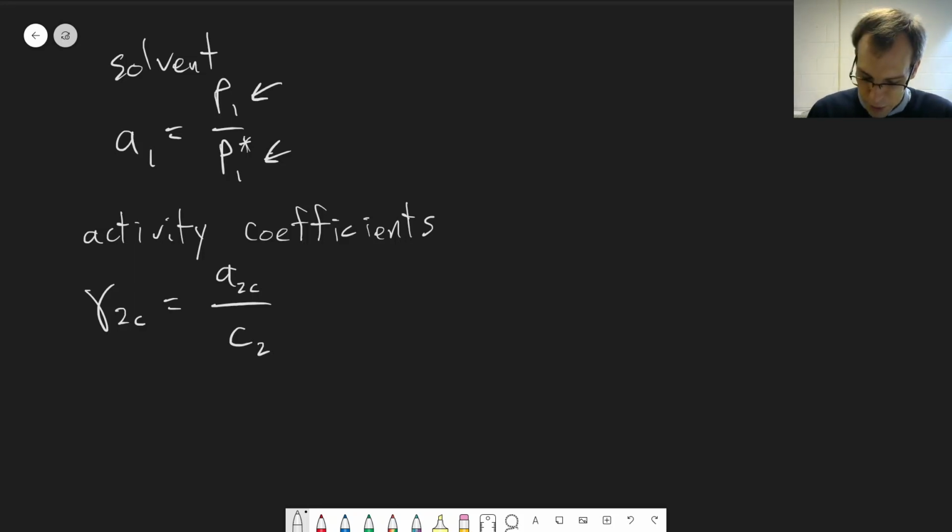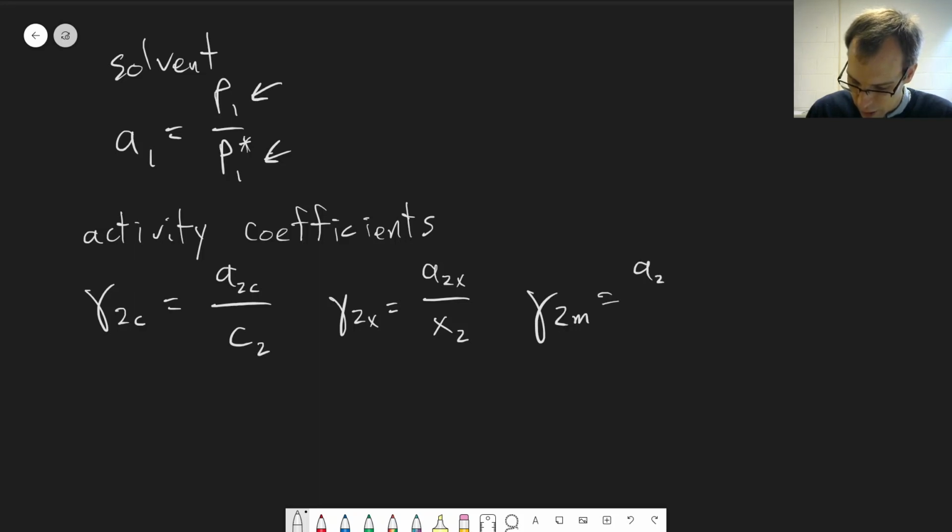You have similar expressions if you express it in terms of mole fraction, you get the activity divided by the mole fraction. If you express it in terms of molality, you get the molality version of the activity divided by the molality. Anyway, often what we find are these ratios instead of directly the activities, but once we have the ratios, then we can find the activity.